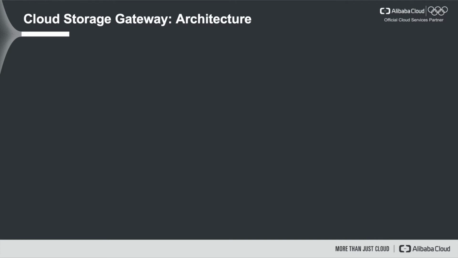At the beginning, we will discuss the architecture of the Cloud Storage Gateway. In simple words, Cloud Storage Gateway is a product which allows us to connect Alibaba Cloud storage resources, Object Storage Service, OSS, to either an on-premises data center or environment or into the cloud environment.